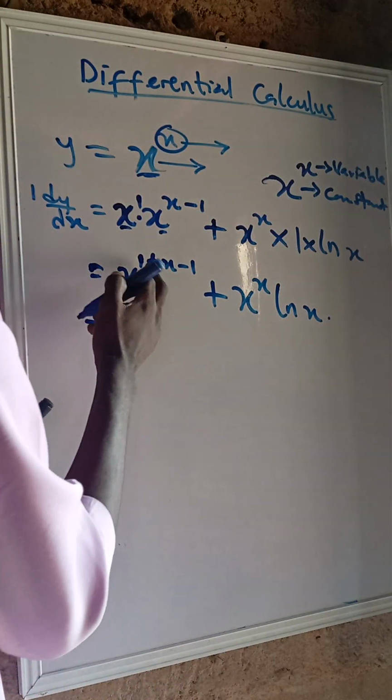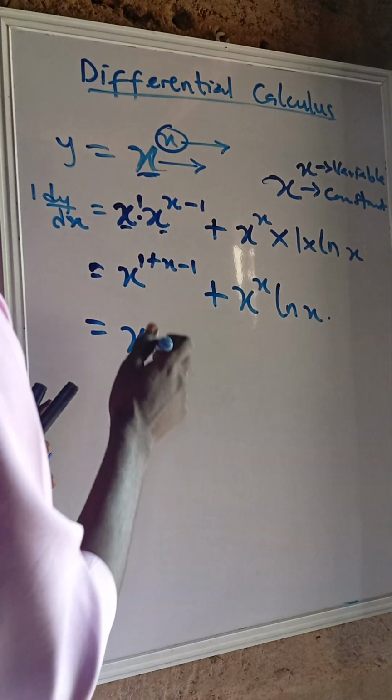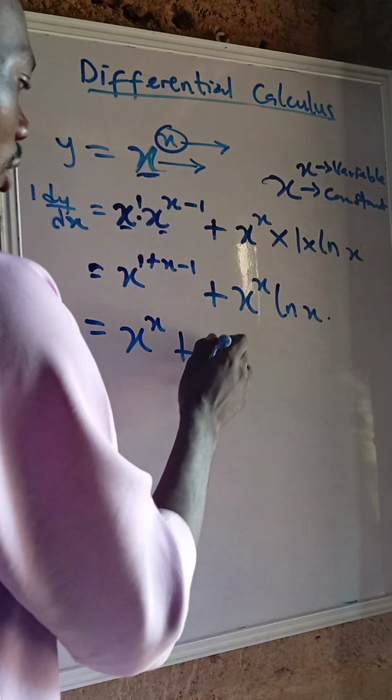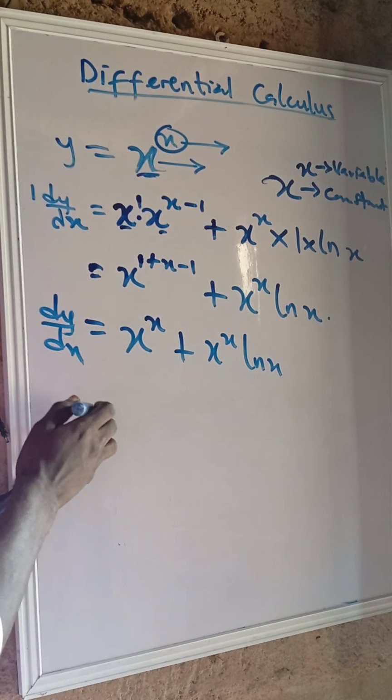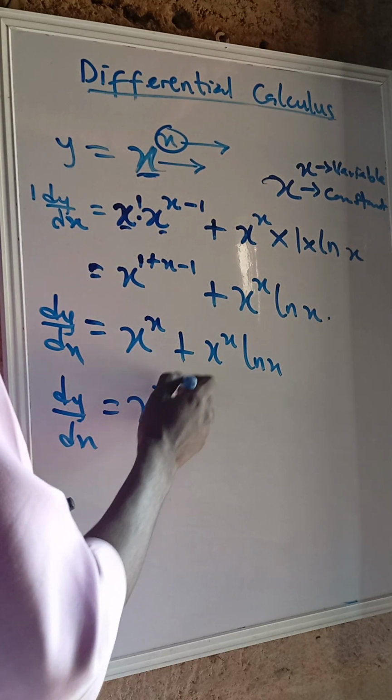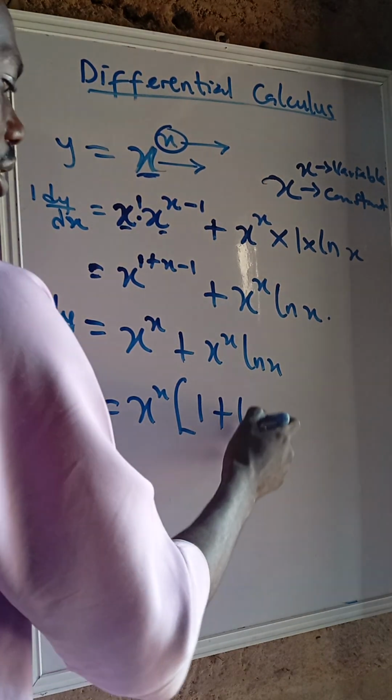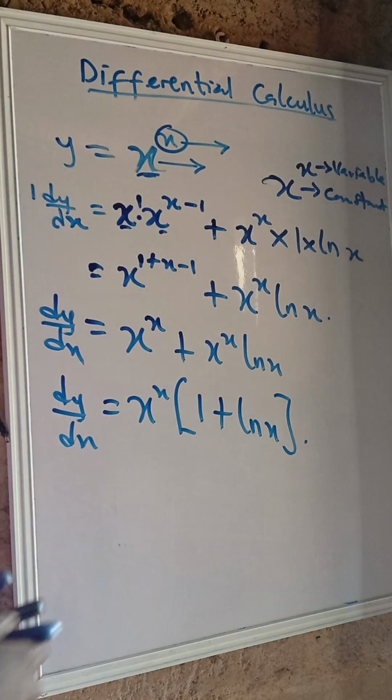So what do we have? x to the power 1 minus 1 will be what? 0. That's x raised by x plus x raised by x ln x. So x raised by x is common, right? 1 plus ln x. And that's just it.